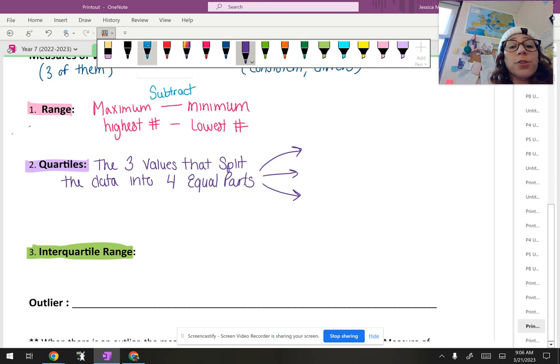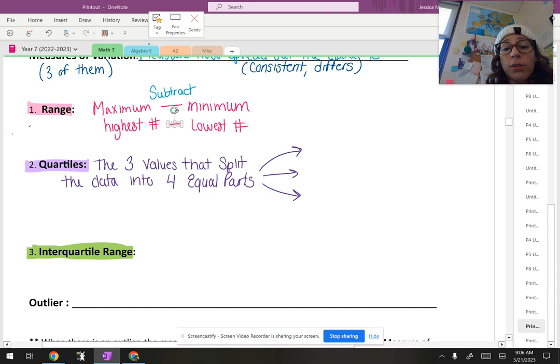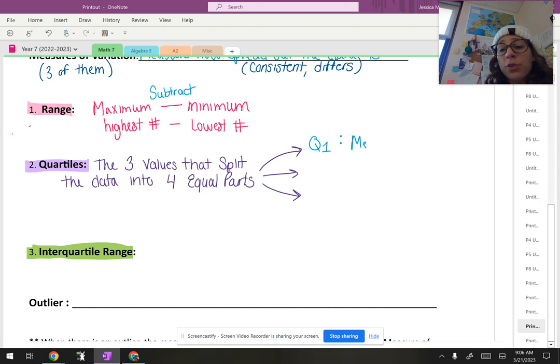So up first, we have what is called quartile number 1, or Q1. And Q1 is actually just the median of the lower half of the data. And we'll talk more about that in our example.